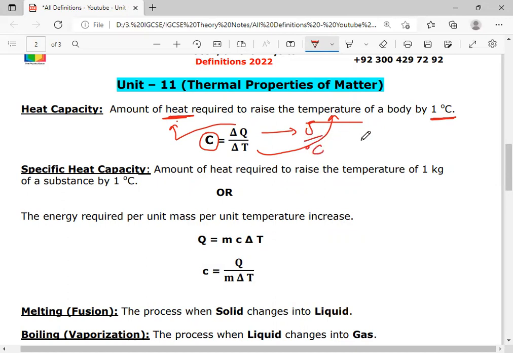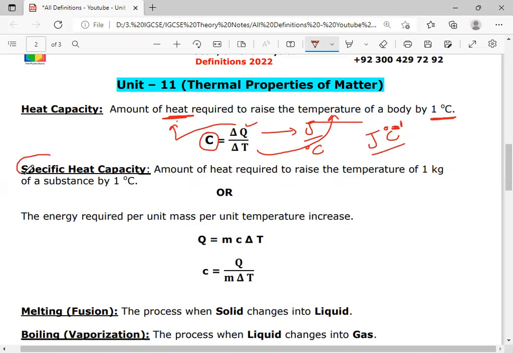So the unit of heat capacity will be joule per degree Celsius. In this definition, we only have to mention the number 1 heat and number 2 temperature. So the unit is joule per degree Celsius.